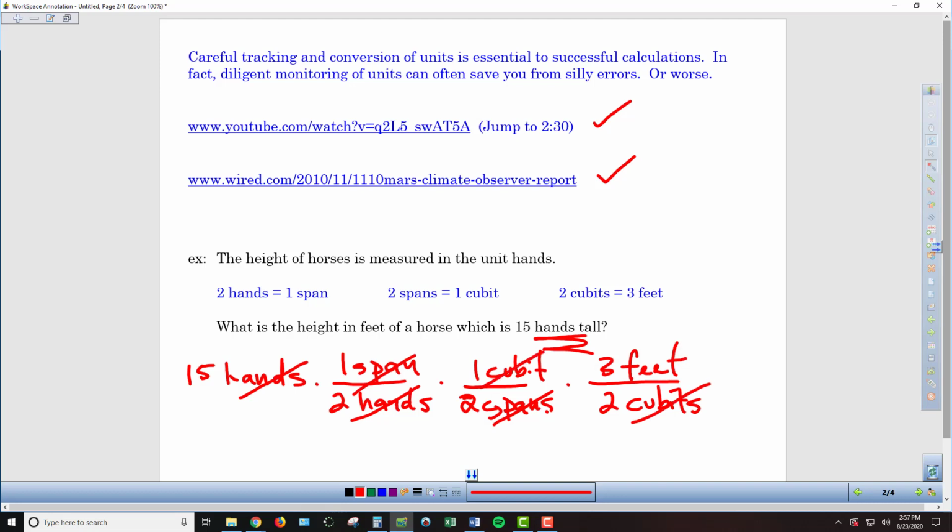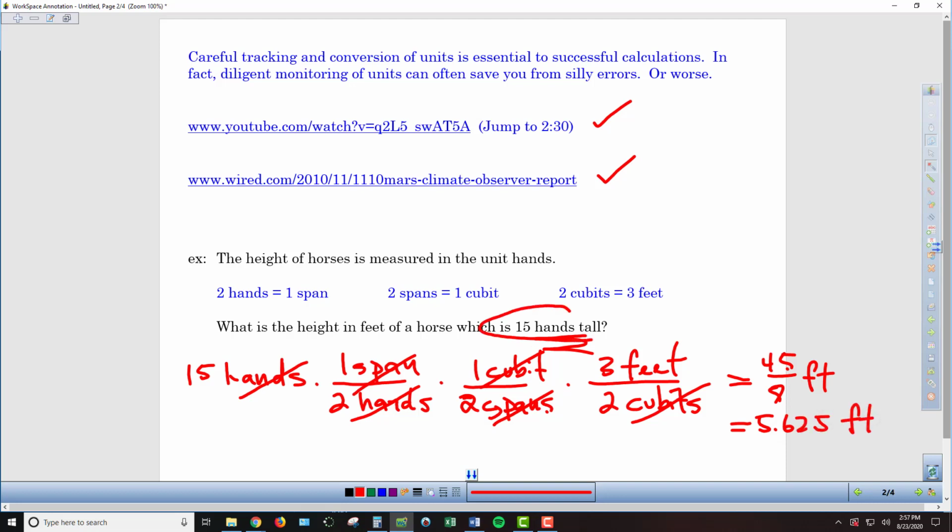And so we can see all of our units, just like regular numbers, cross cancel away. Now we just multiply the numbers on the top, multiply the numbers on the bottom, so we end up with 45 over 8 feet, which if we divide comes to 5.625 feet.